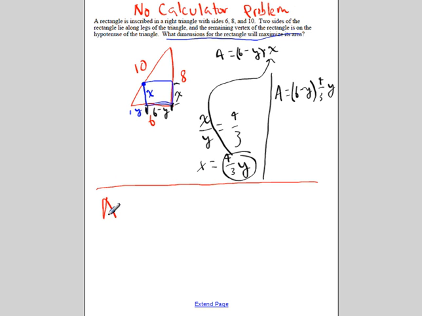Distributing the 4 thirds y, we get that area equals 8y minus 4 thirds y squared. And not 12, that should be 8. Then our derivative will be 8 minus 8 thirds y.